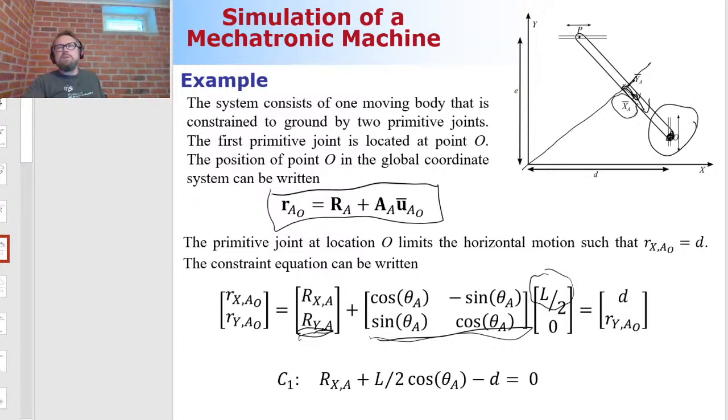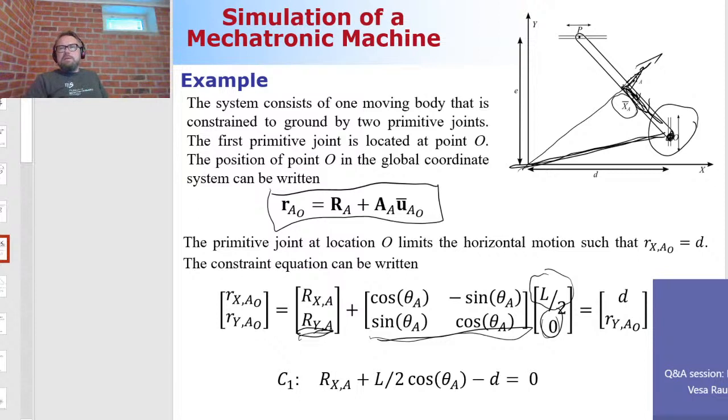How much do I need to travel in the y direction in my body reference coordinate system? I only travel this direction, not this direction, so it's 0. Now here comes the only difficult thing, because now this is obviously a vector that tells where this point is traveling.